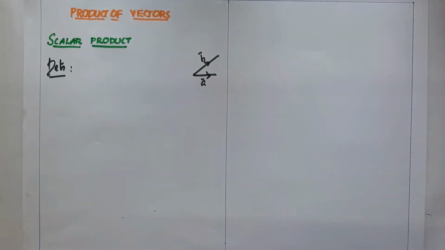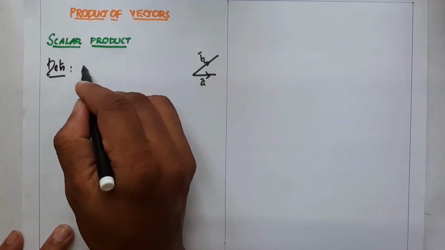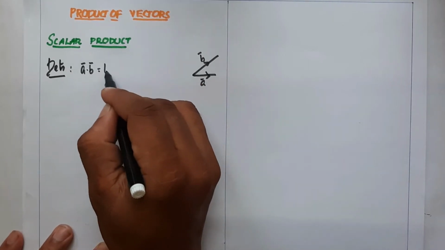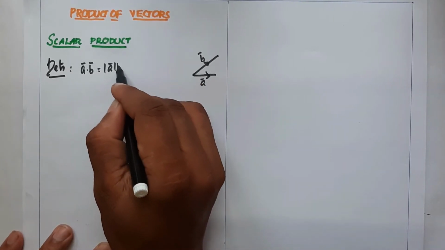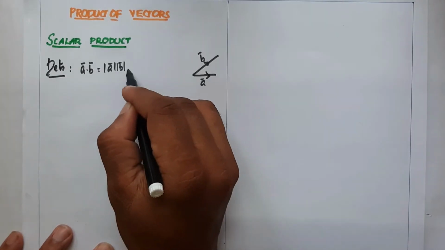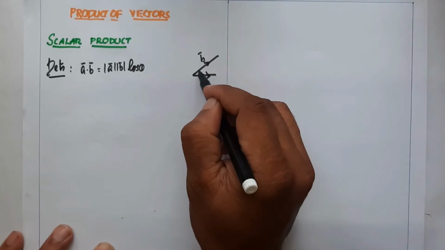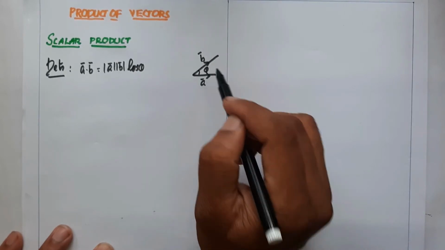Only for co-initial vectors is the definition possible. Then the scalar product of vector A and vector B is defined as vector A dot vector B is equal to modulus of vector A into modulus of vector B into cos theta, where theta is the angle between vector A and vector B.